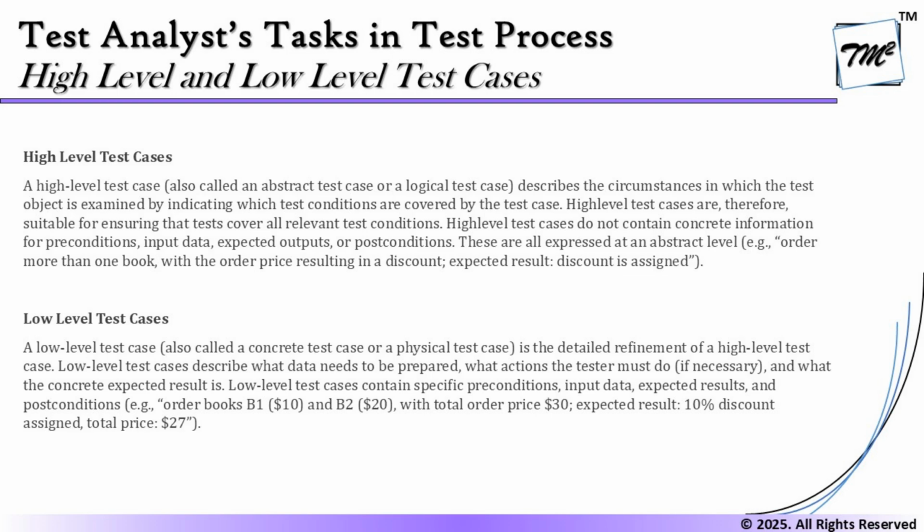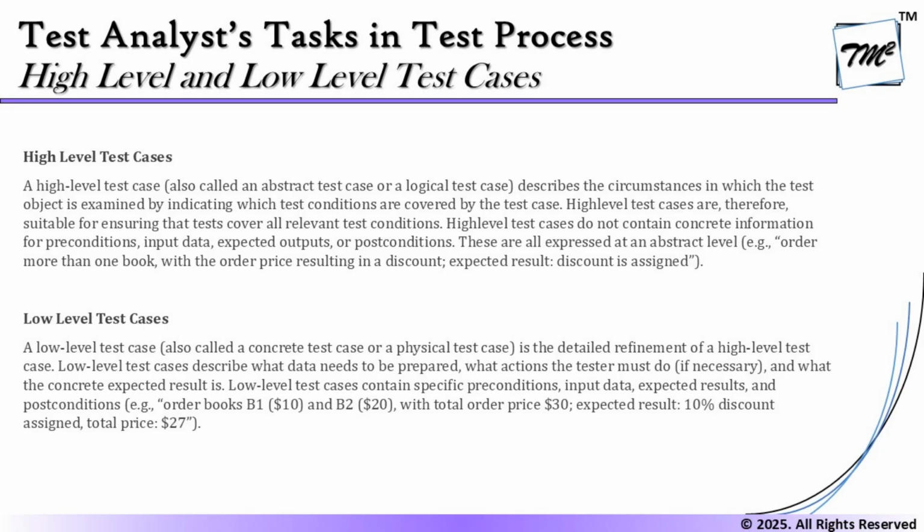To start with, we are talking about the high-level test cases. A high-level test case, which is also called an abstract test case or logical test case, will describe the circumstances in which the test object is examined, including which test conditions are covered by the test case.